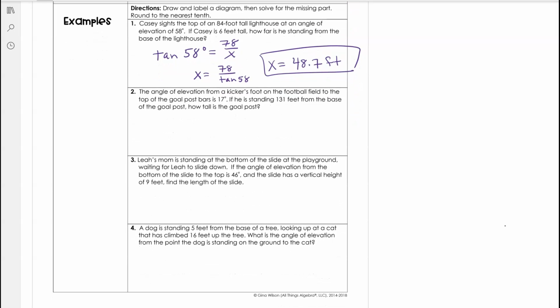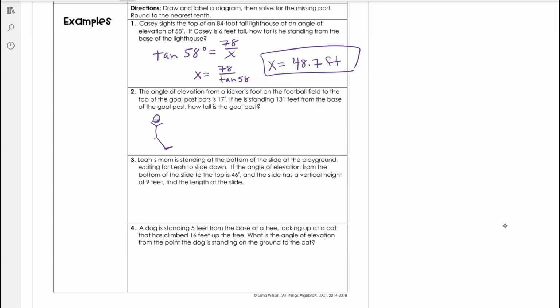Next problem is about a football field and the top of a goal post. So the angle of elevation from the kicker's foot, so I'm just going to draw a foot here, and our kicker in his little helmet, and we know Miss Beck can't draw, but I like to pretend that I can.